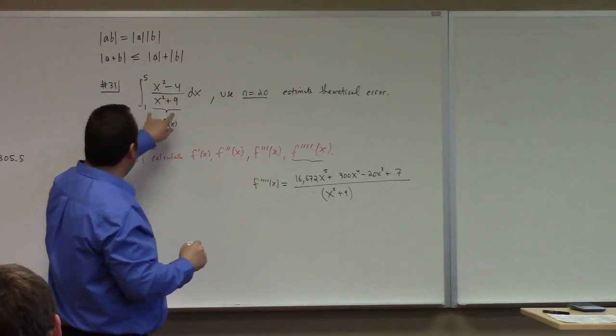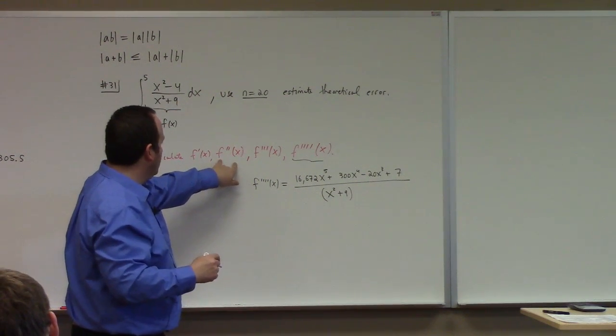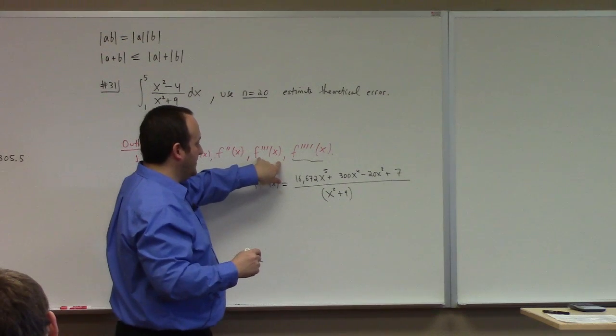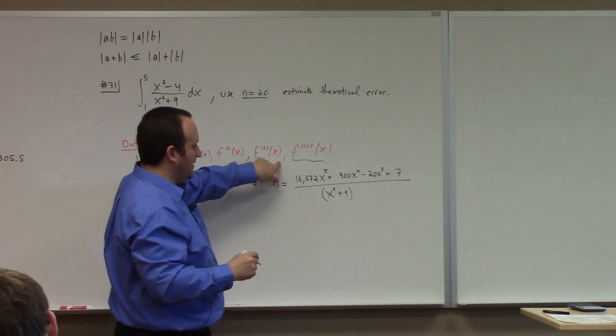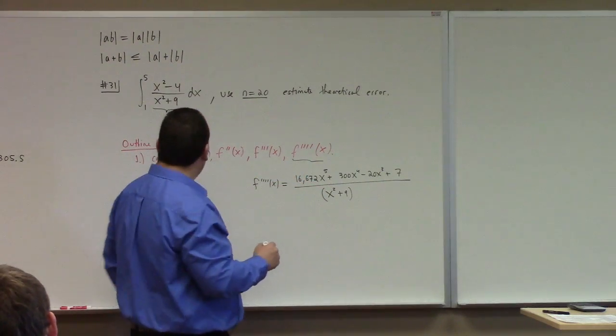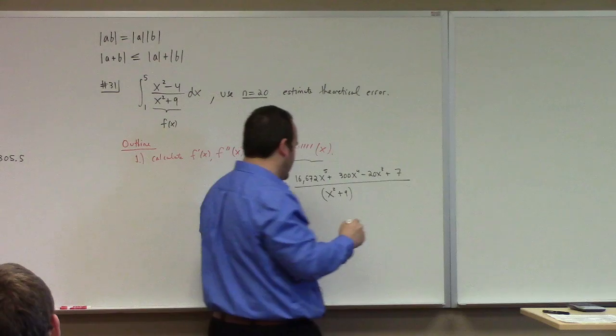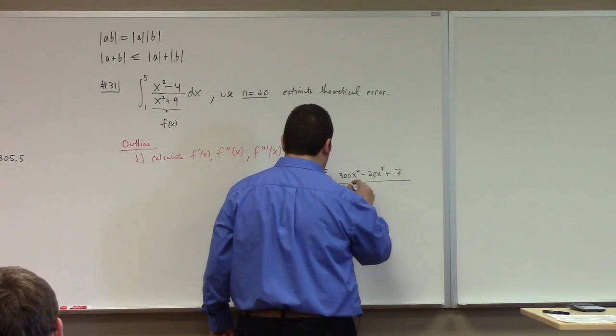Let's see, the first derivative makes that a square. The second makes it a fourth. The third makes it a sixth? Oh, there's a simplification. Okay, so fifth or sixth, depending on whether you simplify or not.